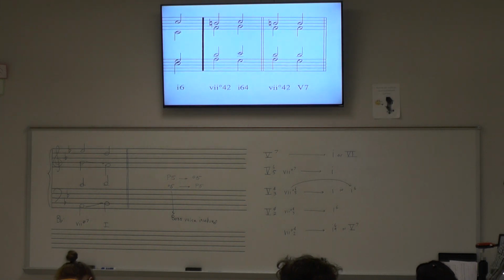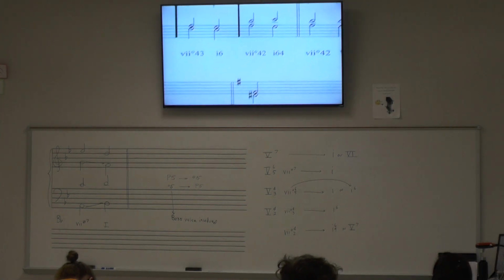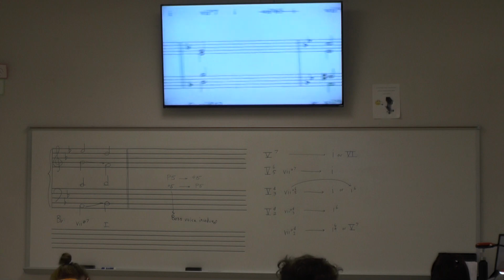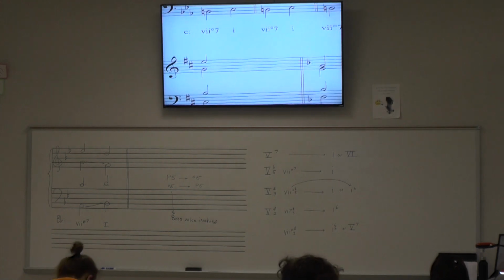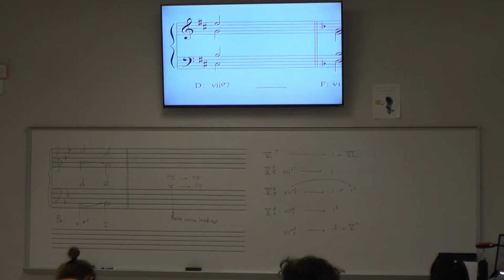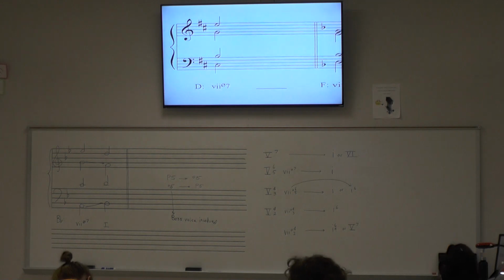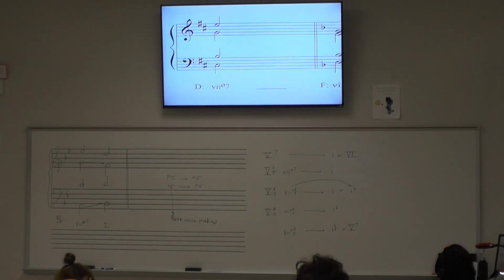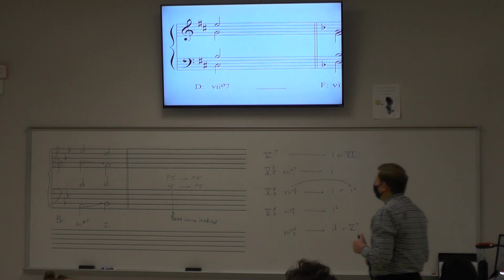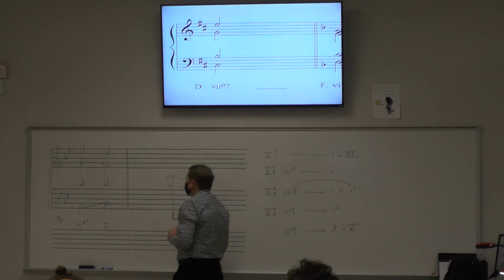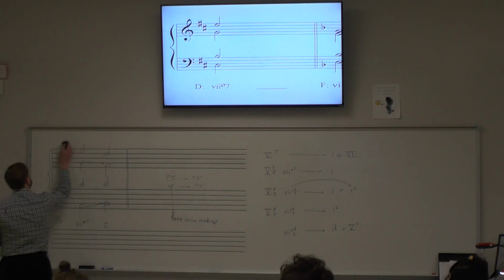And before we leave this handout, we've got some problems down below here that we can work out together. So go to the lower left of your handout, where you've got a vii half diminished 7 in the key of D major. First of all, I'm going to want you to tell me what chord it goes to in what bass position.